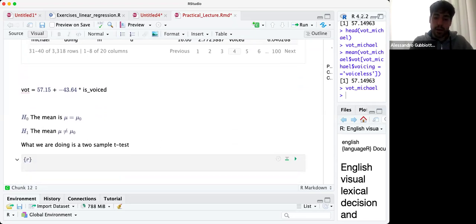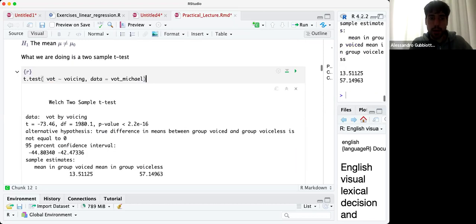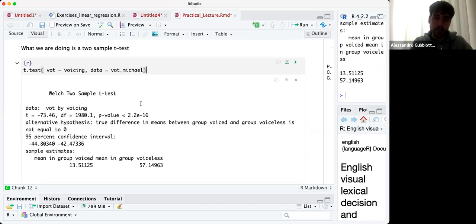We have the vocal onset time data, and we predict it with the voicing variable, and we obtain exactly the same result.